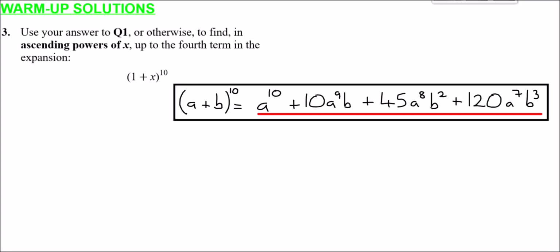And so if I do this and just colour code and highlight it, so we know that 1 has to relate to our a, so we get this. Likewise, our b, in this case, is now the x.